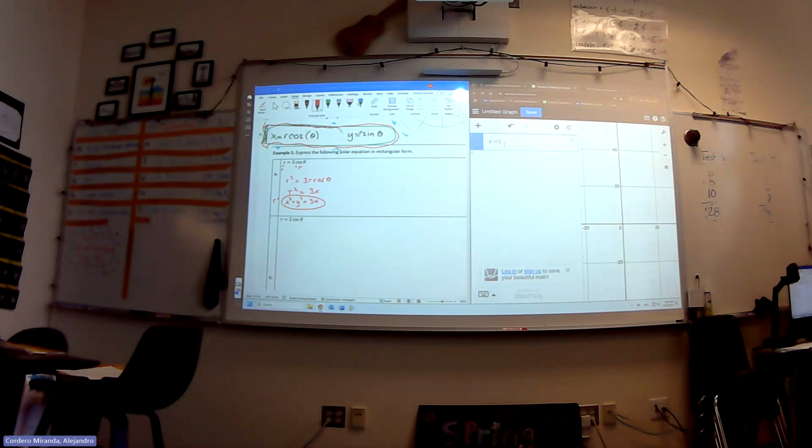If you type r equals 3 cosine of theta, and theta you can find probably on the keyboard somewhere, but if you just type in the word theta, it turns it into theta. All right, so there's what the function looks like. r equals 3 cosine theta. Let me make sure we converted it right. x squared plus y squared equals 3x. And I get the same thing, so I know we did it. Nice.